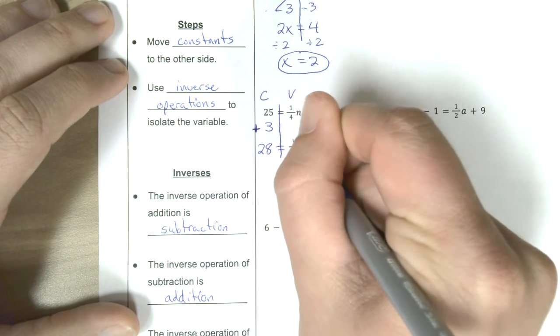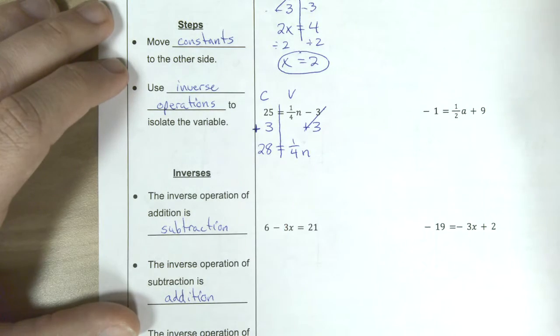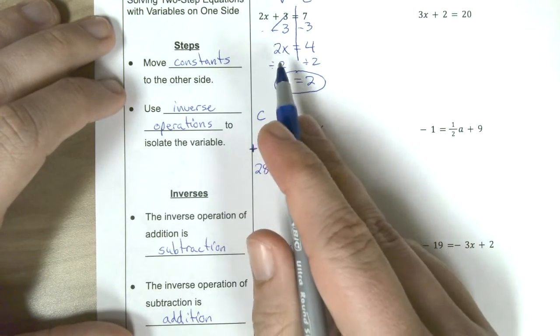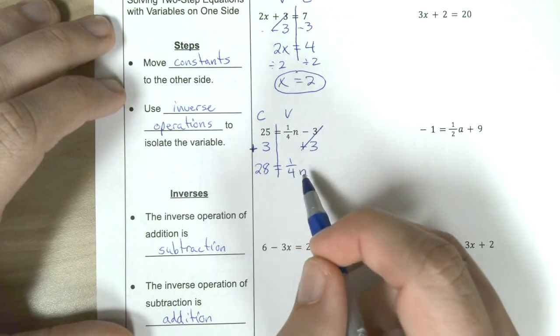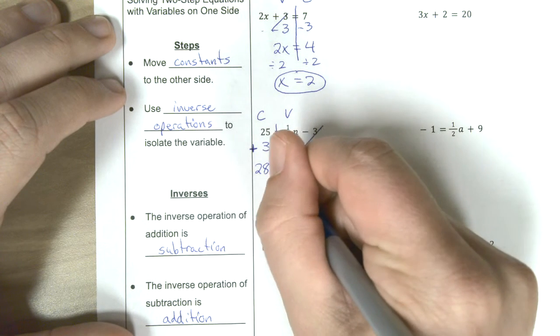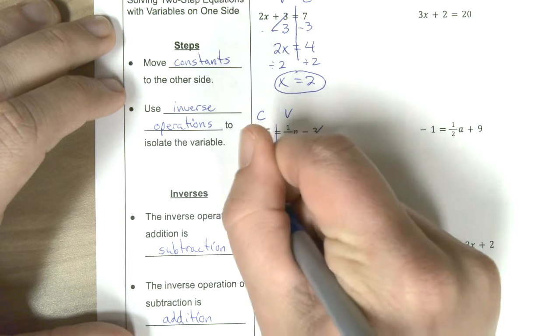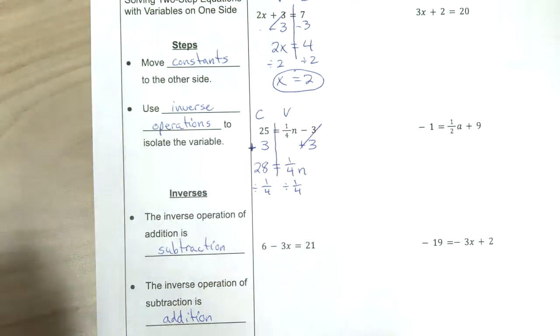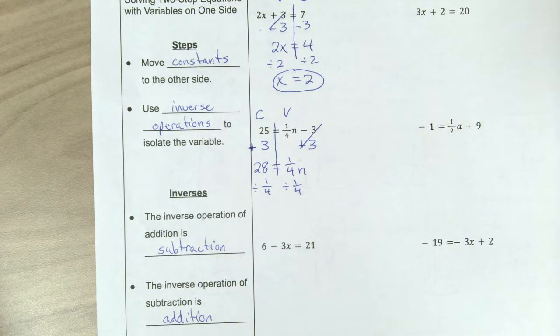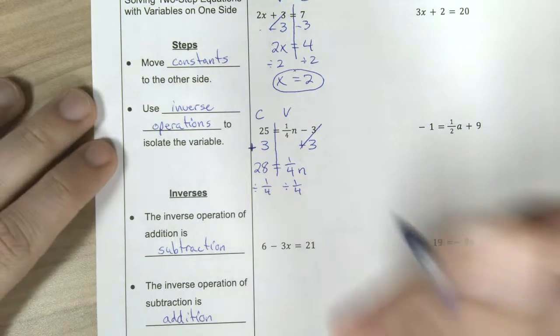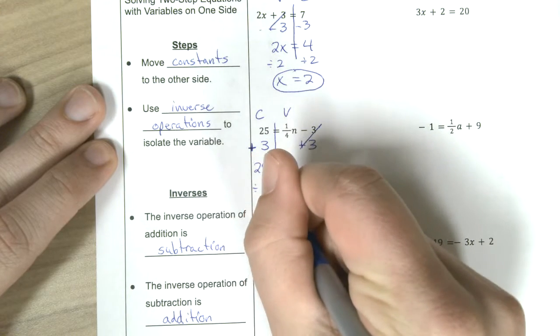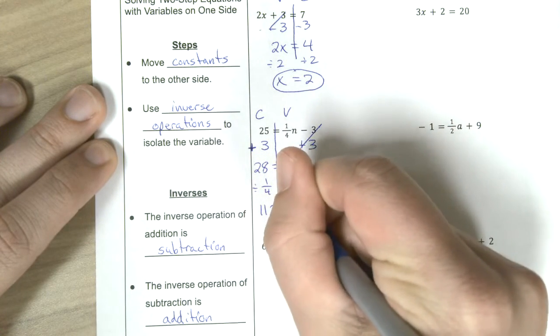Then the only thing you have left is 1/4 n. Just like the one above, this is 2 times x; this one is 1/4 times n. So I'm going to divide by 1/4, and that's going to be 112. This is going to be 112 equals n.